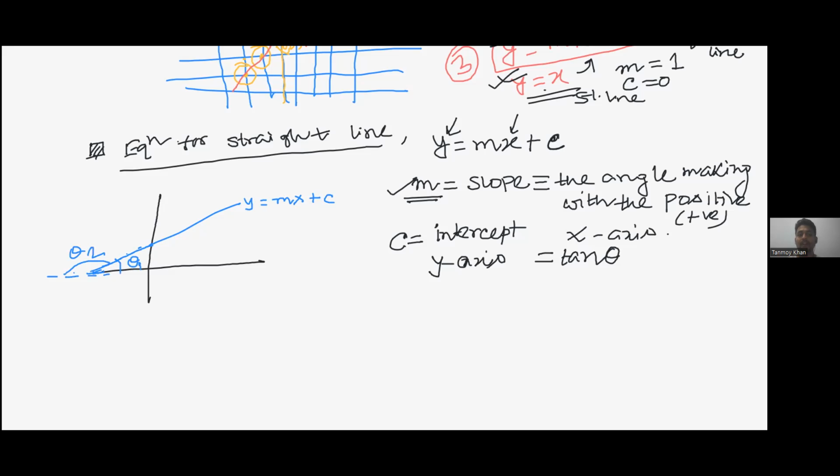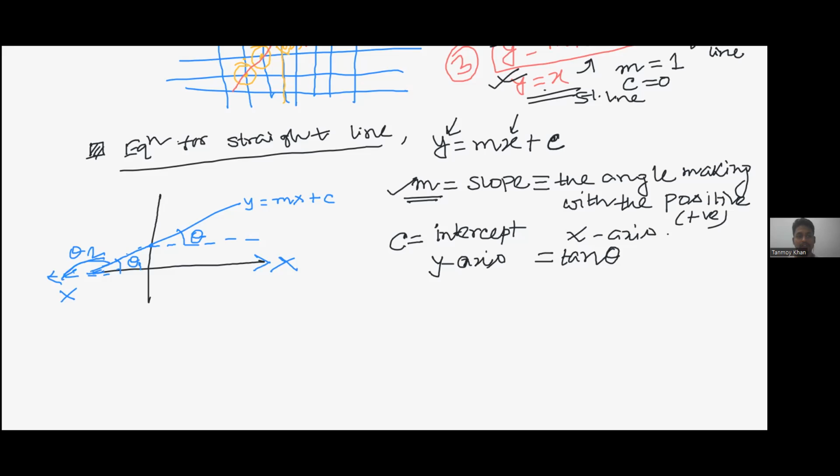So what will be the angle for your slope? It will be the angle making with the positive x-axis. This side is positive x, and this side is negative x. If you draw a parallel line, this angle will be similar to this. So the angle it is making with the positive x-axis is the slope, not this one, because it is not making that with the positive x-axis.